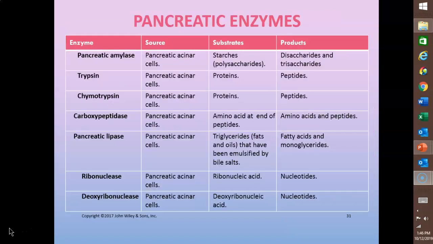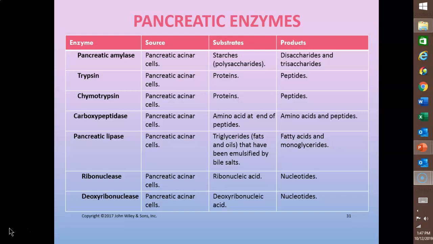The pancreas secretes somewhere around 1 to 1.5 quarts of pancreatic juice a day. Most of it's water, but it also contains some salts and sodium bicarbonate and several enzymes. The bicarbonate gives the pancreatic juice a slightly alkaline pH that buffers that acidic chyme.